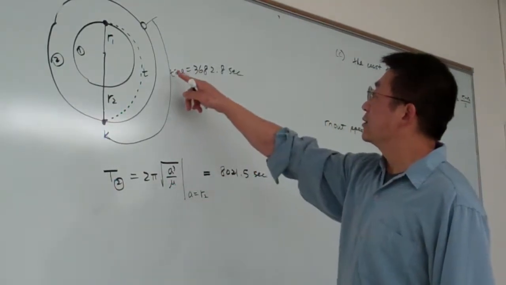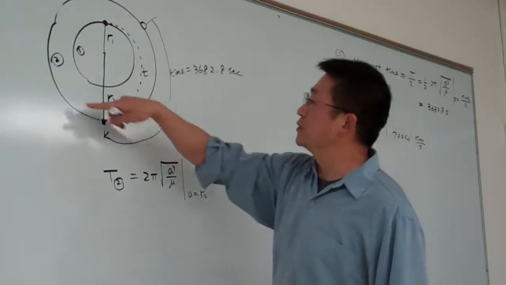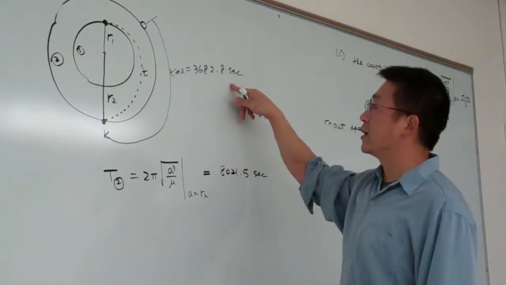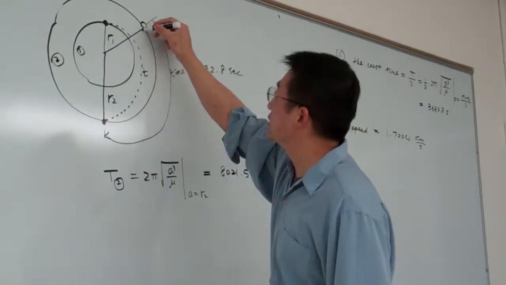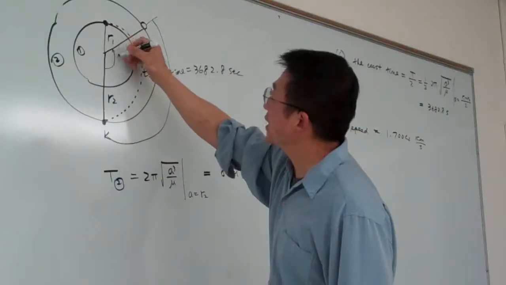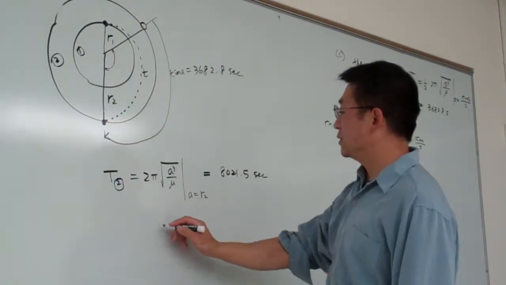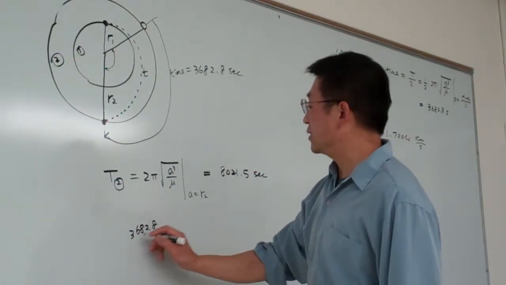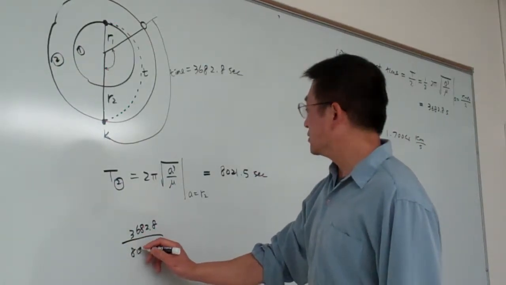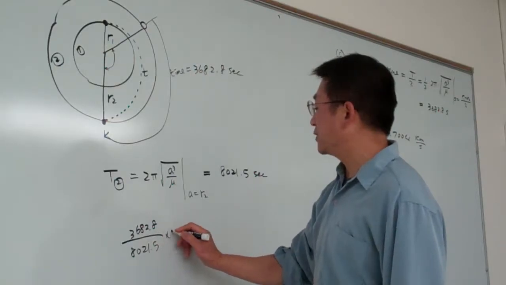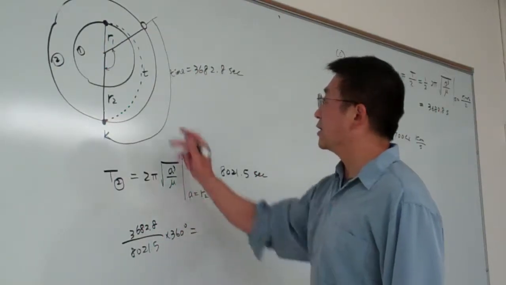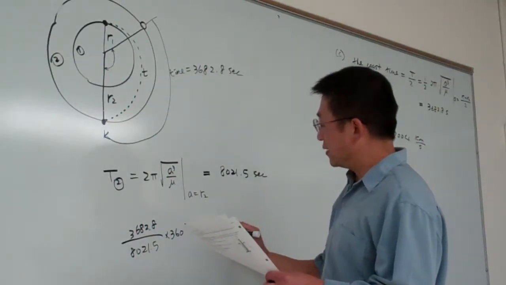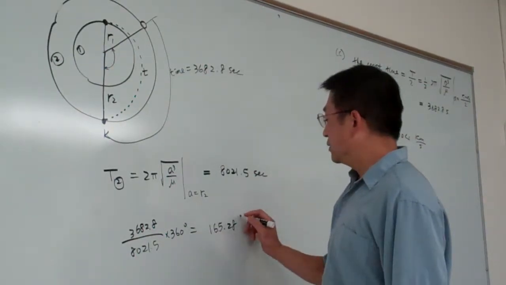Making the whole loop needs that much time, and we only need part of that, so from here we can determine this angle. This angle is simply 3682.8 seconds divided by 6021.5 seconds, multiplied by 360 degrees. In this way we can determine this angle. So that angle is 165.28 degrees.